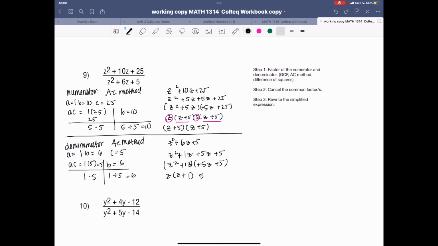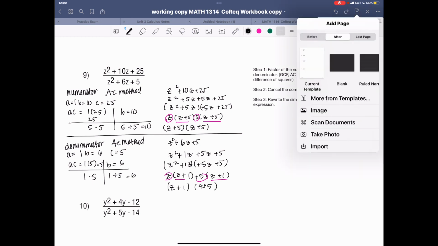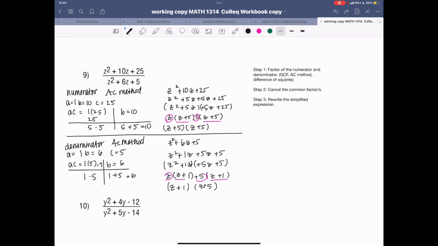The GCF of the second group is going to be 5, so I'm left with z plus 1. So then we regroup. z plus 1 will be our first group. z plus 5 is the second group. And then we are done with step 1.